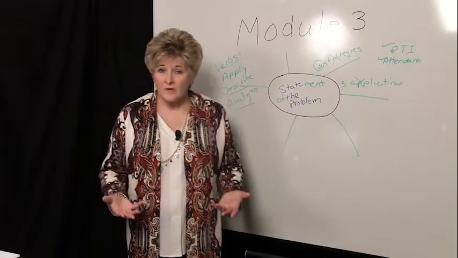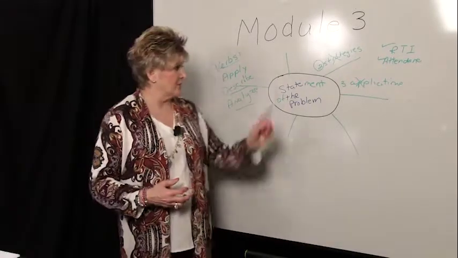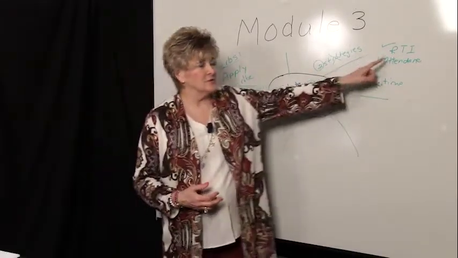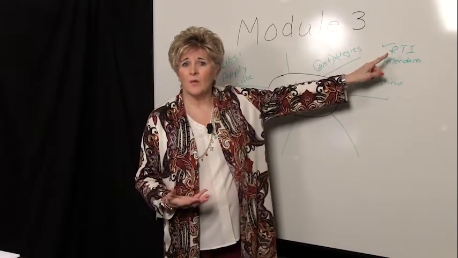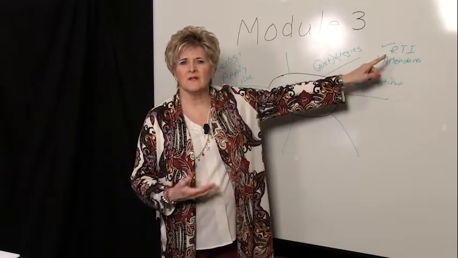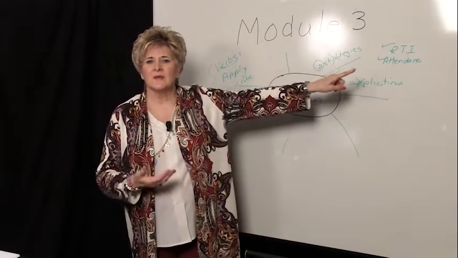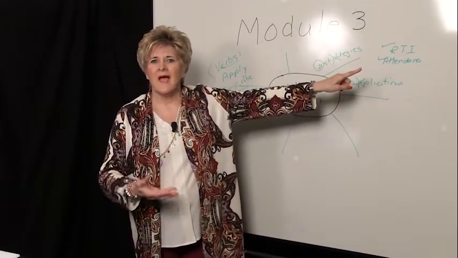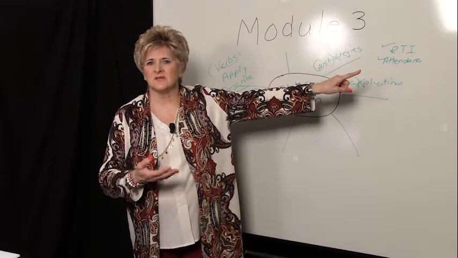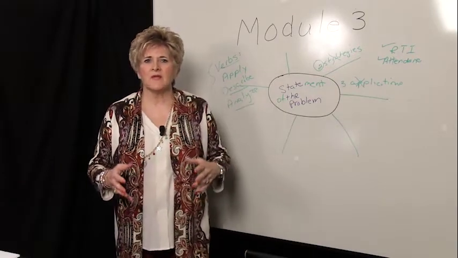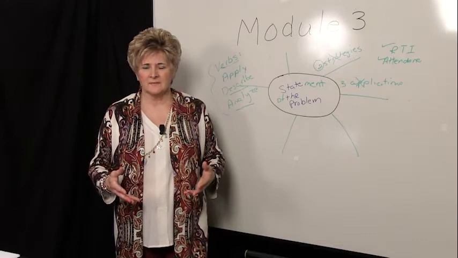So no matter what strategy you have chosen to solve the problem, response to intervention might be one, explain why that would be effective. How attendance, helping a child be in school every day, how does that affect a student's achievement? Make sure that you are very clear about that.